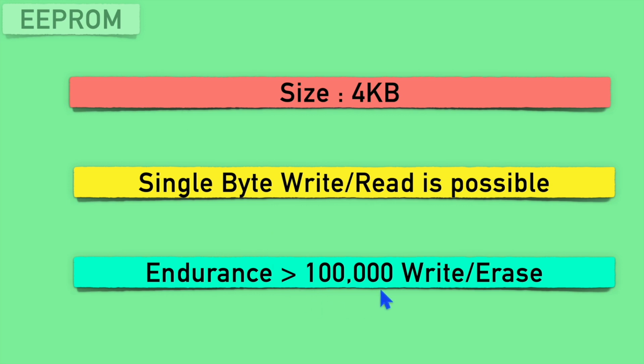Flash memory endurance is at least 10,000 write or erase cycles, while here you can see it is at least 1 lakh write or erase cycles. So its endurance is almost 10 times higher compared to the flash memory, and here you can perform single byte write or read operations. So this was a quick brief about the memory present in this ATmega microcontroller.